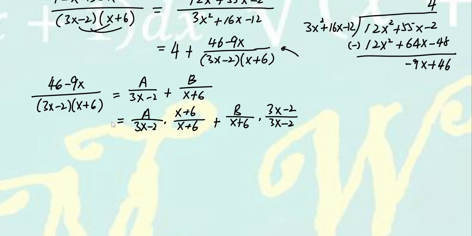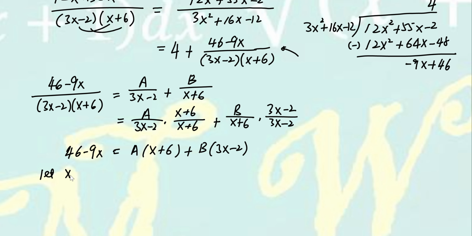Okay, then now since they have the same denominator, just compare the numerators. And now let the factor be 0. So let x plus 6 be 0. Therefore, x is minus 6.